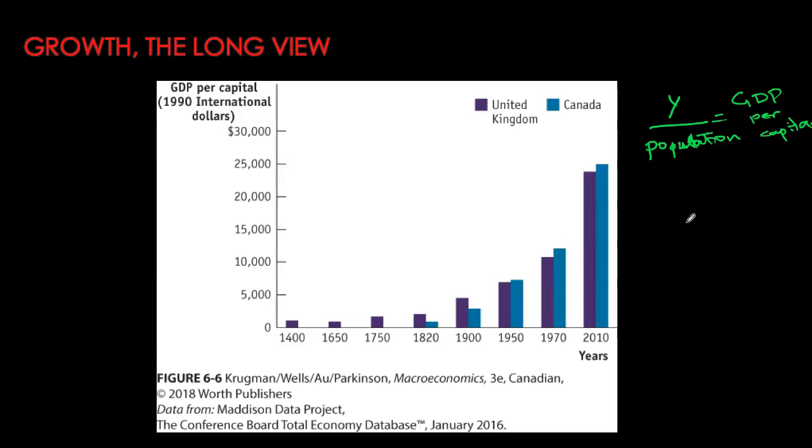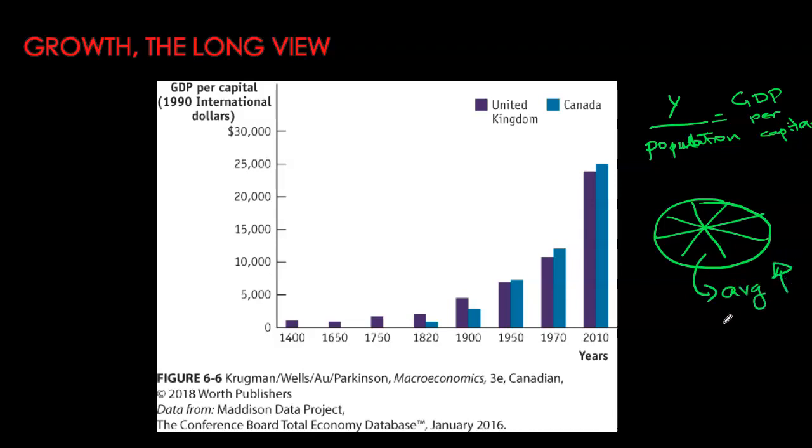So we're not now looking just at the size of the pie, but we're dividing the pie equally across all individuals in this economy, and looking at the average share of the pie that you get. If on average your share of the pie is getting bigger, then your standards of living are improving. If on average your share of the pie remains stagnant over time, then standards of living are not changing. If your standards of living start to deteriorate, then your share of the pie is actually becoming smaller.